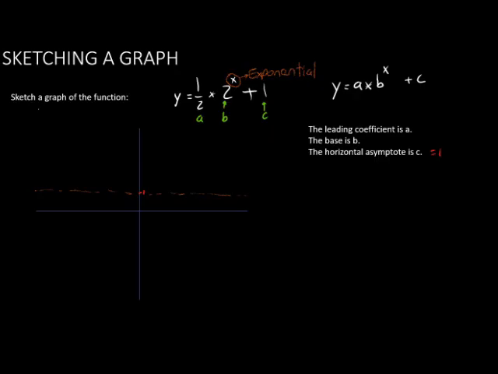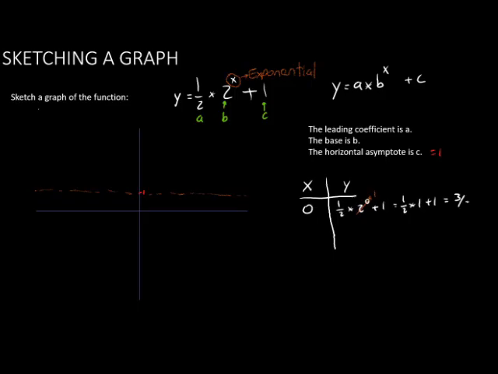Now we'll make a table where we list values of x and find the value of y that goes with them. We'll begin with an x of 0 since that's the easiest one to use. Our y will be 1/2 times 2 raised to the 0 power plus 1. 2 raised to the 0 power is simply 1, so we have 1/2 times 1 plus 1. 1/2 times 1 will be 1/2.